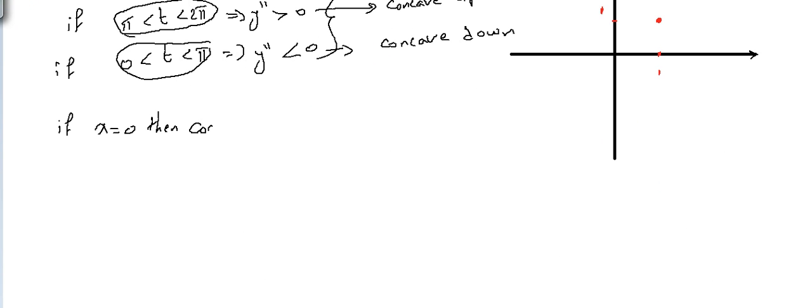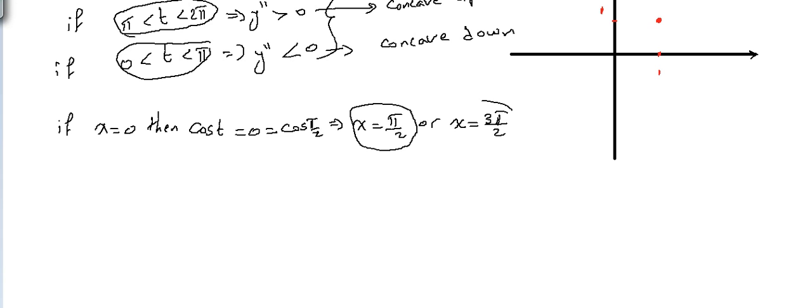What is 0? It's cosine pi over 2. Then t equals either pi over 2, or minus pi over 2, which is 3 pi over 2. So at pi over 2 and at 3 pi over 2, the cosine is 0.